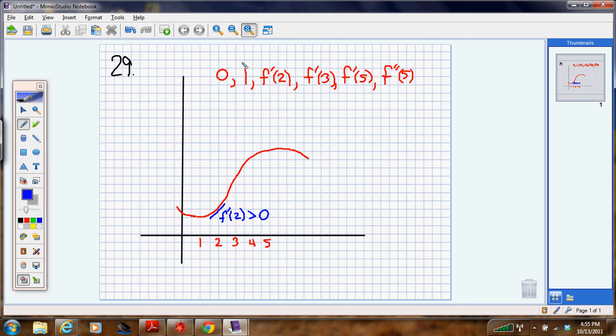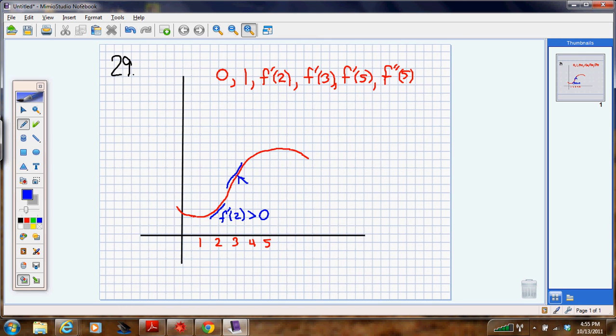Now, is it greater than 1? We're gonna have to look a little closer in the book to figure that out, because on my graph it kind of looks like it is, but in the book, not quite. F prime of 3, and I'm just glancing at the book to see how well I did. Similar analysis, we go over here to where 3 is, and we think about drawing the tangent line right here. I'm drawing a little arrow here.